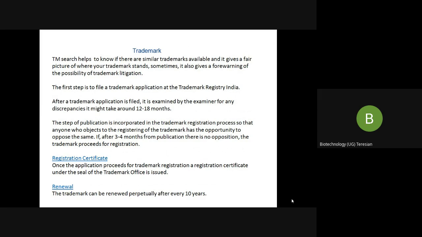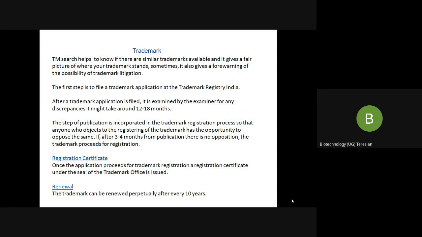Then they examine your application for any fault or discrepancy in the application filed, and this may take around 12 to 18 months. And next is the publication. That is, the step of publication is incorporated into the trademark registration process so that anyone who objects to the registration of the trademark has an opportunity to oppose it.